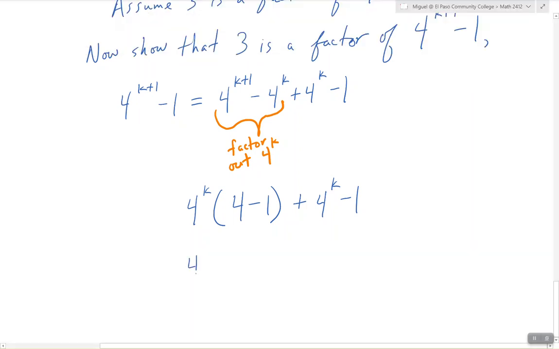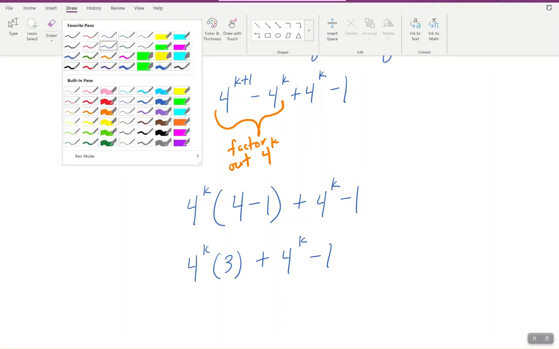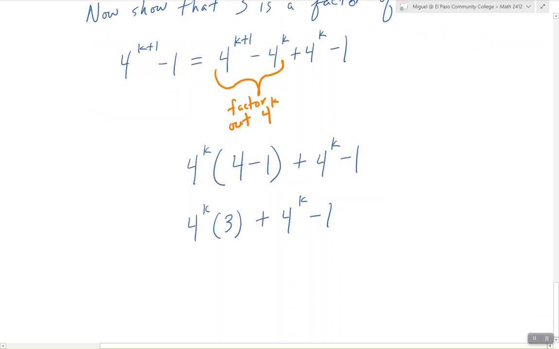And then let me just simplify this real quick. So this is 4 to the k times 3. So this part is already divisible by 3 because there's a 3 in it, right?